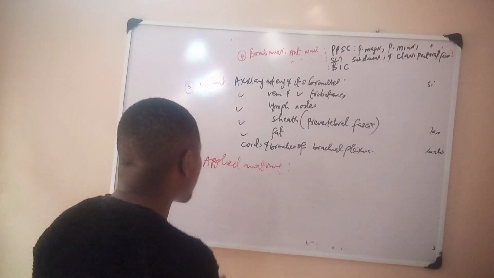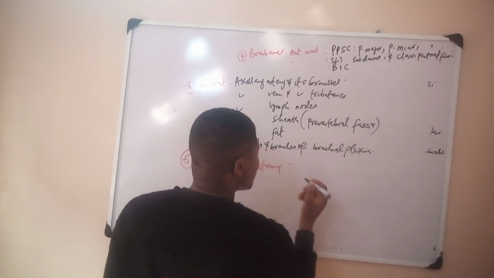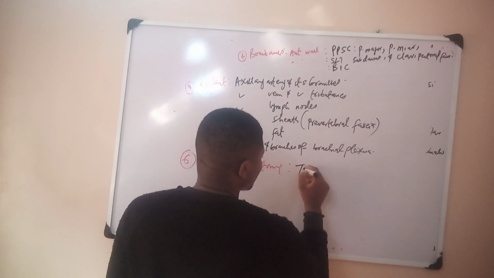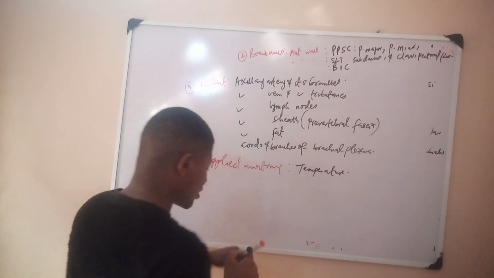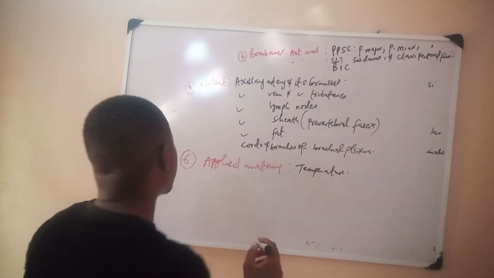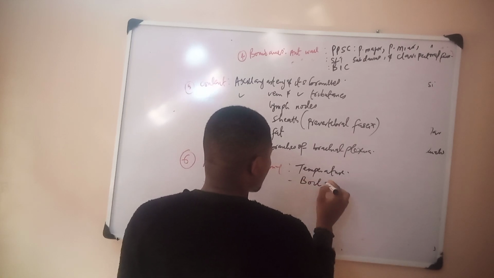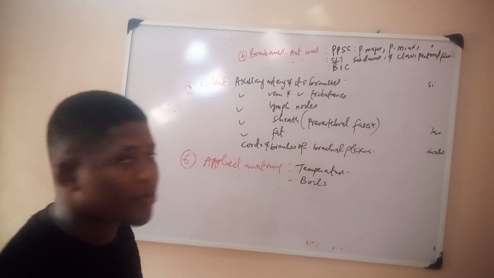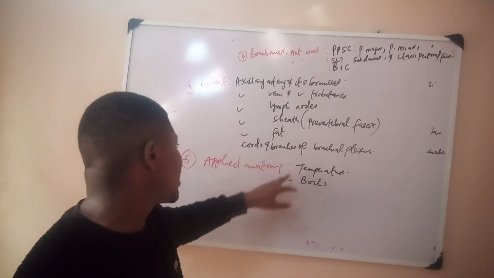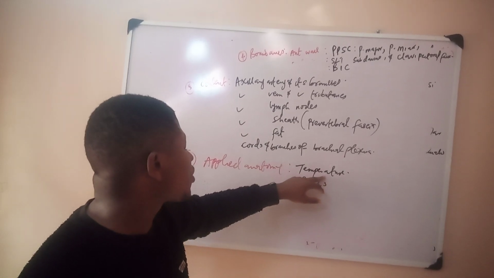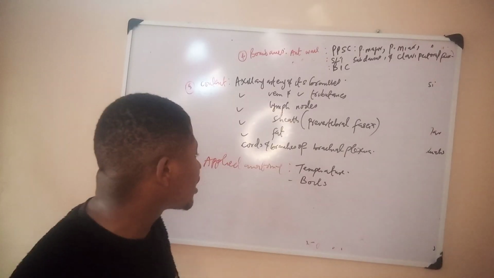Number 1, we check temperature in the axilla. So it's a site for checking temperature. Then another thing, remember boils can grow there, so it's a common site for boils. The major thing here is that it is a common site for checking the body temperature.